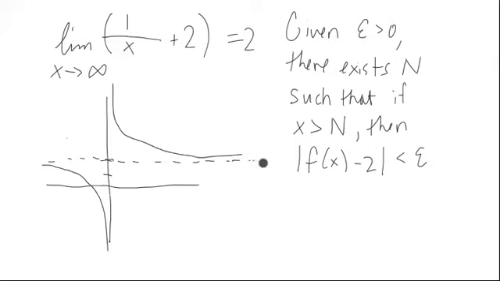So we're going out to a y value of 2. That's the target. And we're going up and down from the target, epsilon. So epsilon up and down.